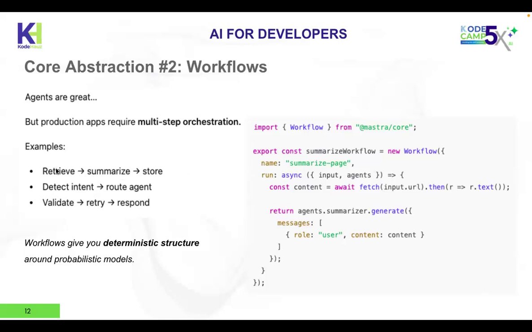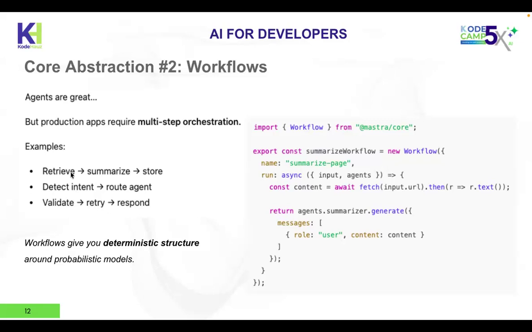And so these are examples of multi-step orchestration, right? So for example, I need to retrieve information, then I need to summarize, then I need to store. Okay, that's one example of multi-step orchestration. The second one is I need to detect the intent and then route to the correct agent to do stuff.